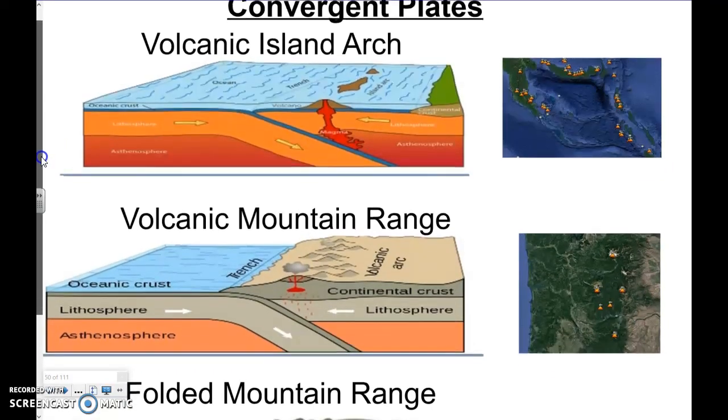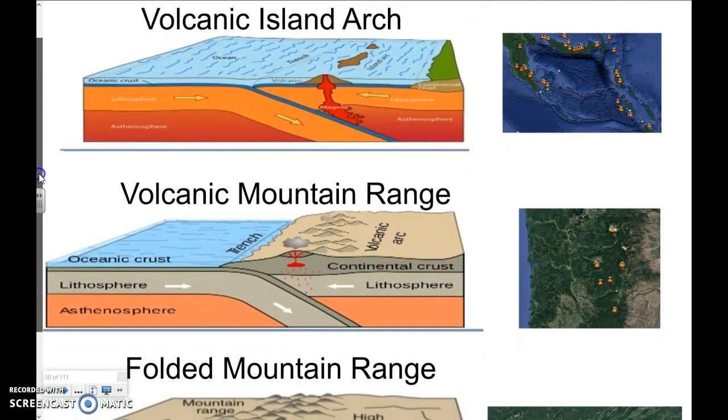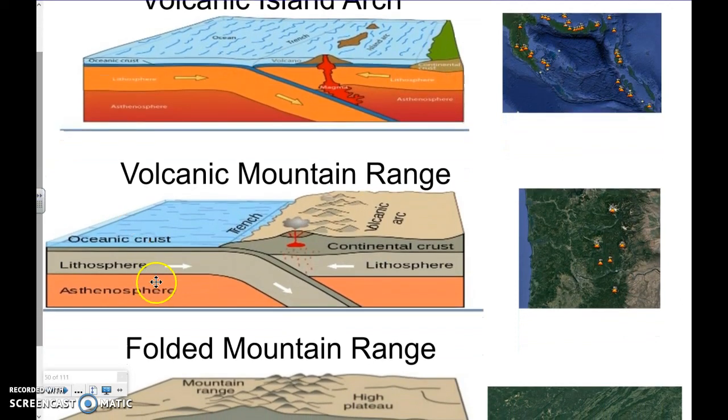Okay. Another thing that could happen is called a volcanic mountain range. That happens when the oceanic crust meets the continental crust. Continental crust is actually thicker than oceanic crust, but it's also lighter. So oceanic crust, even though it's thin, is a lot more dense than continental crust.